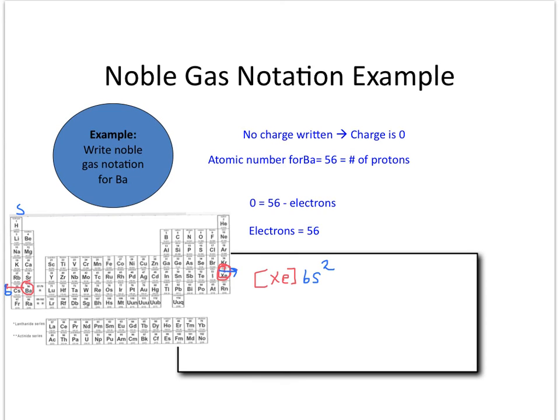Let's do the longhand notation as a quick review, and then we will compare the two real quick. So if we were to start back at the beginning, let me drop my energy level numbers down here to the left. We will start. So we have 1s2.